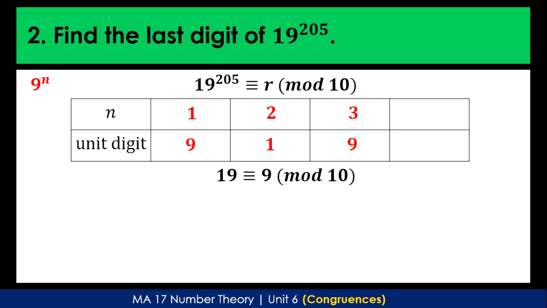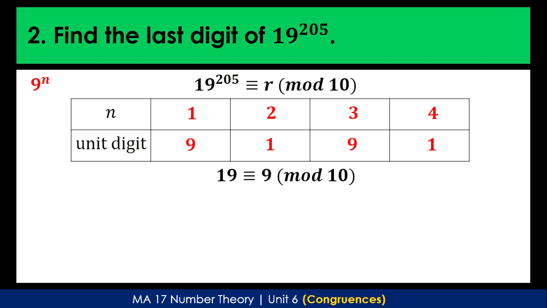Then 9 raised to 4 is 6,561, so the last digit is 1. Continuing, 9 raised to 5 has the last digit 9, and 9 raised to 6 has the last digit 1.